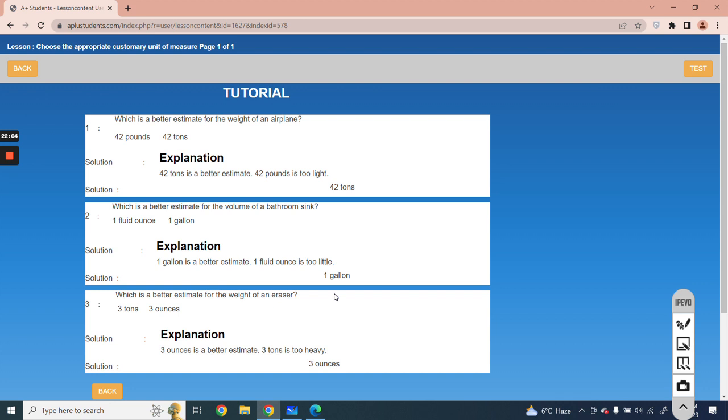So it would be 42 tons. Okay, the next one is which is the better estimate for the volume of a bathroom sink. Is it 1 fluid ounce or 1 gallon? Fluid ounce is too little. Got it? So it would be 1 gallon.